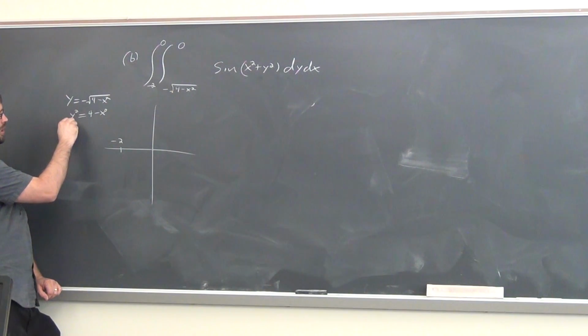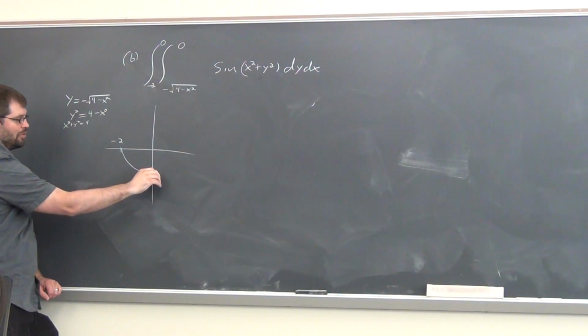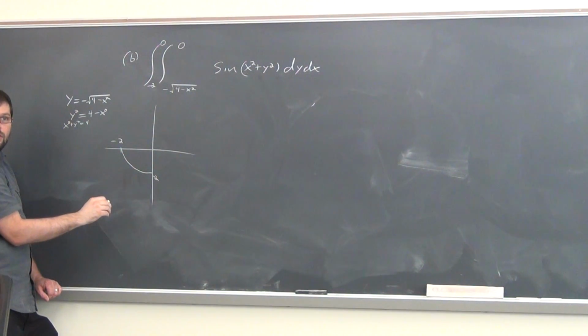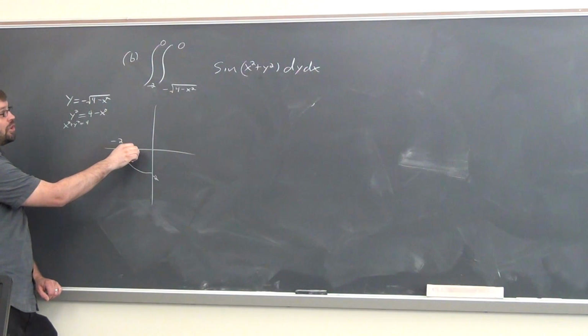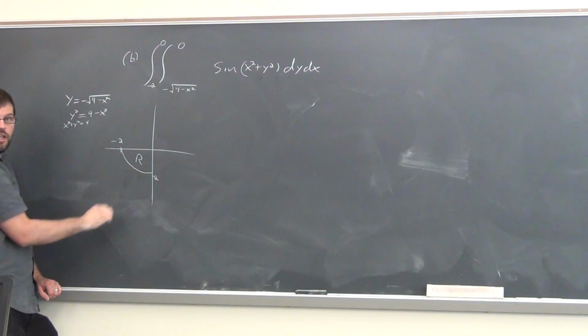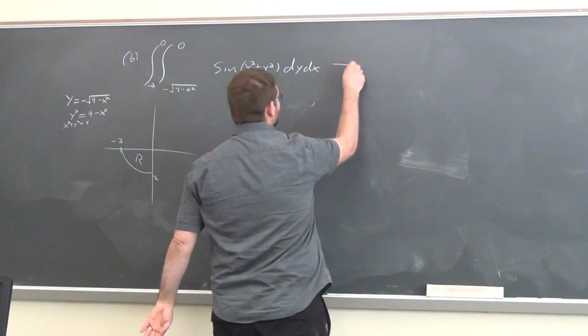So x squared plus y squared is 4. So the negative is the bottom half of that circle of radius 2. Does that make sense? And so you're going from the bottom of that circle up to 0, right? So this is our region right here. It's this little quarter of a circle. Does that make sense?